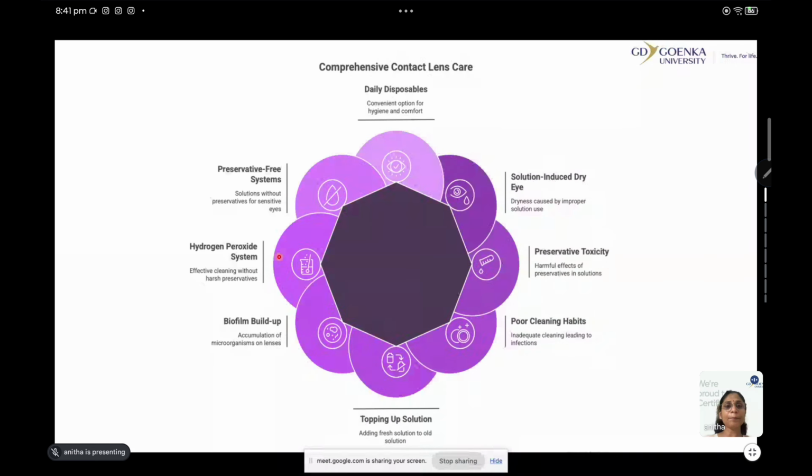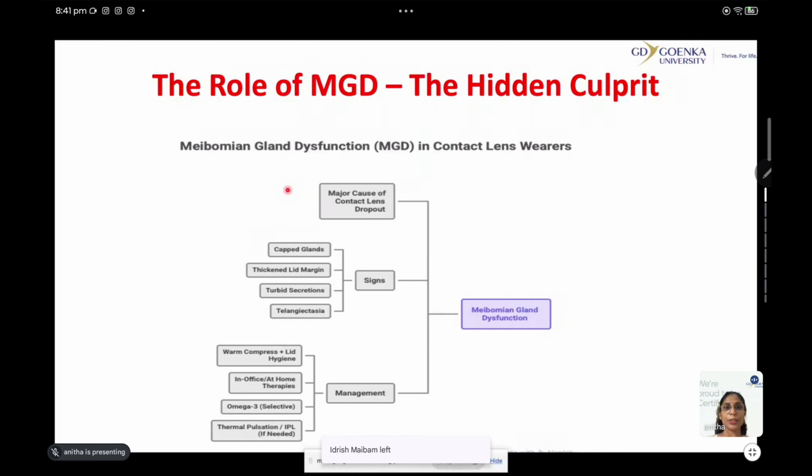Hopefully, we get them back. And you can generously recommend preservative-free systems. So these are solutions without any preservatives, especially for sensitive eyes, and a lot of brands do have preservative-free multi-purpose solutions.